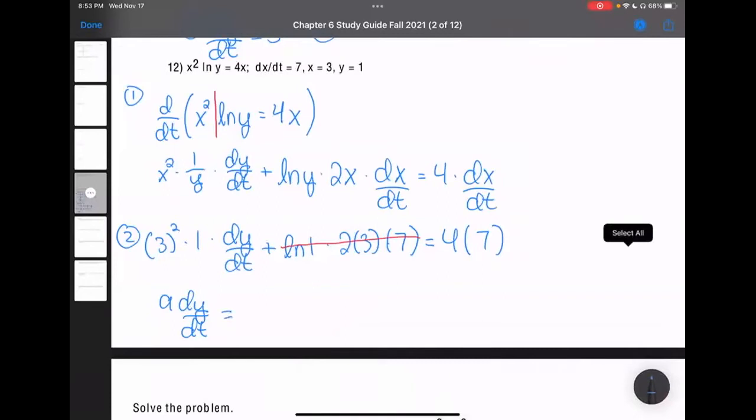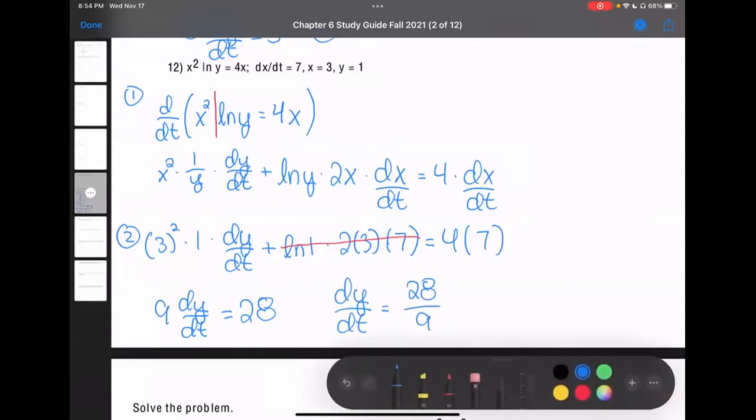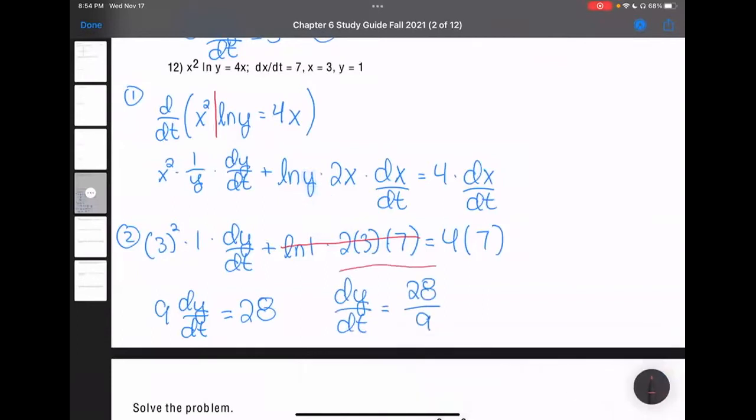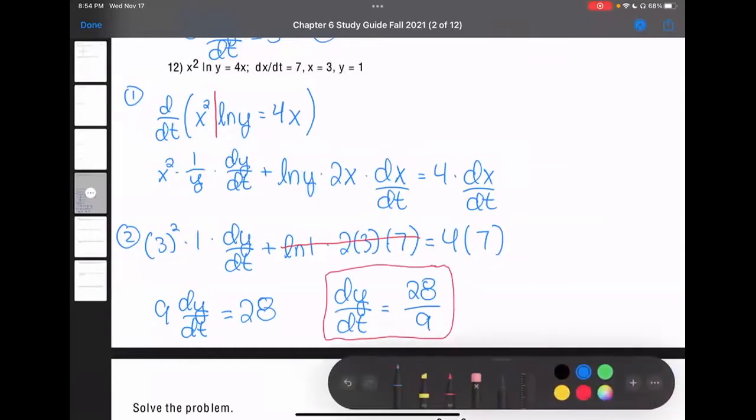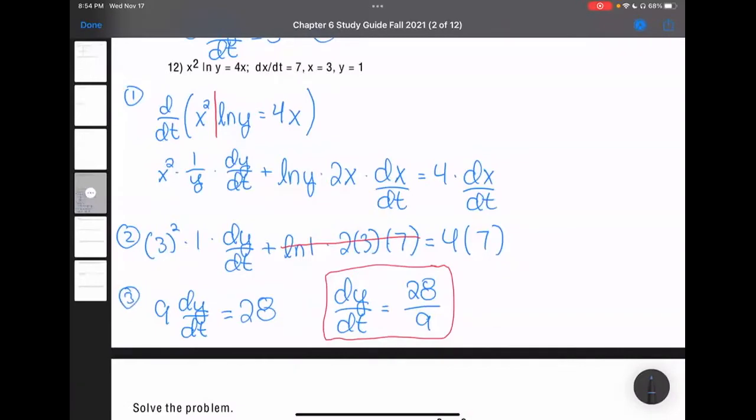We know this equals 4 times 7 is 28. And so dy dt equals 28 over 9. Final answer. We don't even need to worry about isolating as much because it's just simply dividing by 9.